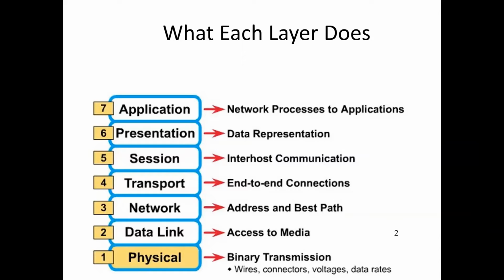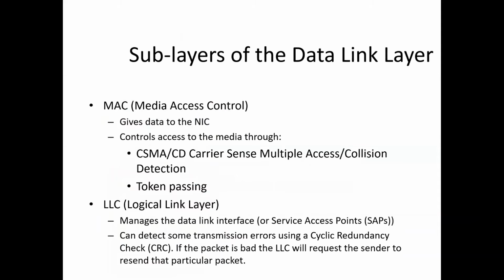At the session layer, there is inter-host communication. In the sixth layer, the presentation layer, we handle data representation. And at the last layer, the application layer, the network process is provided to the application.